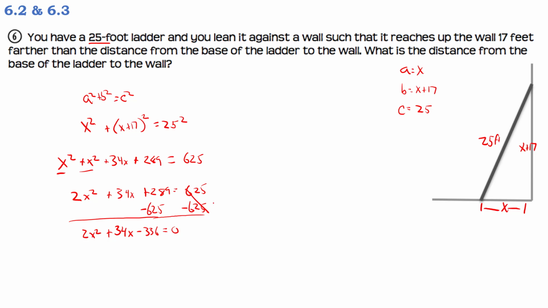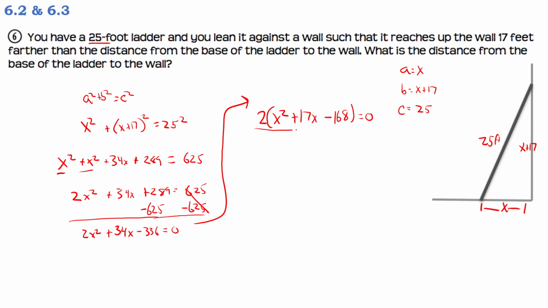So in that case, I'm going to draw it up here and get it going. We can simply go 2 times, so we factor out a 2 there, we should get x squared plus 17x, and then minus 168. Okay, and that still equals 0.